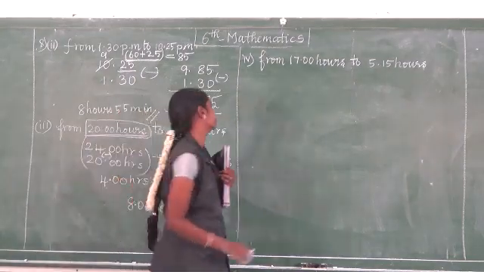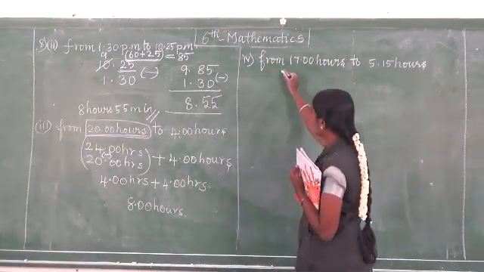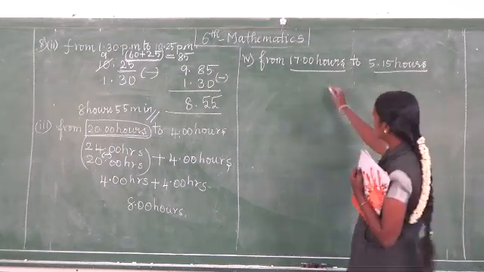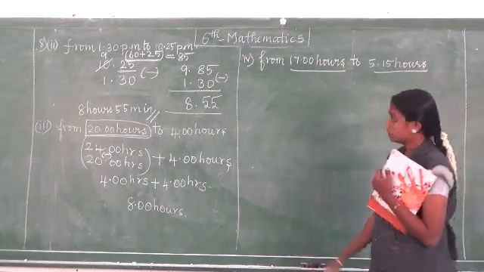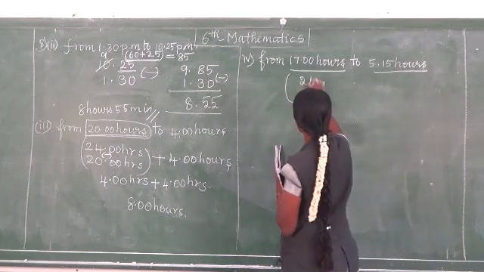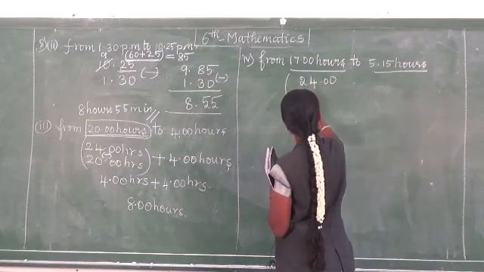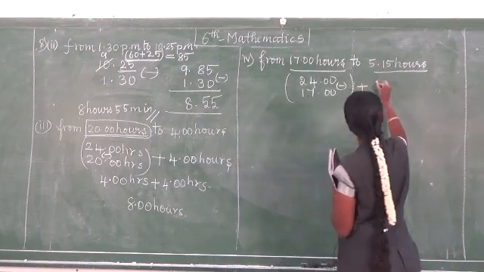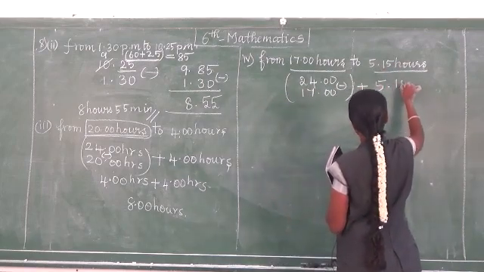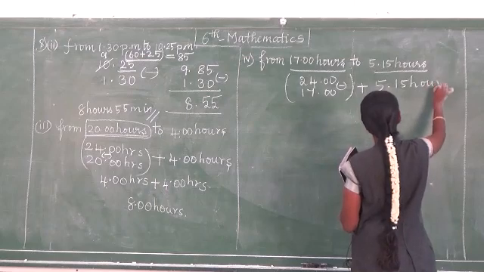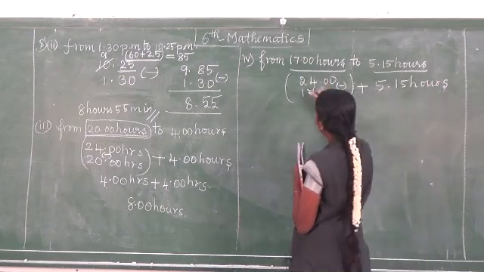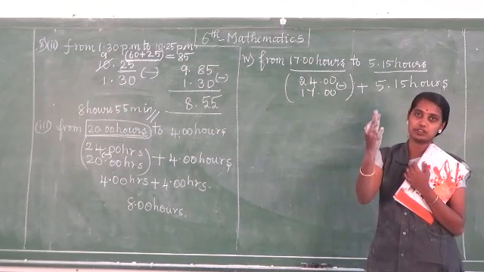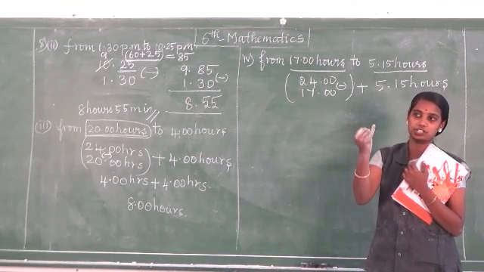Clear everyone? Next, likewise here also is an hours calculation. So this you subtract from the 24 hours. Plus the next day we have 5 hours 15 minutes. So 24 minus 17 is 7.